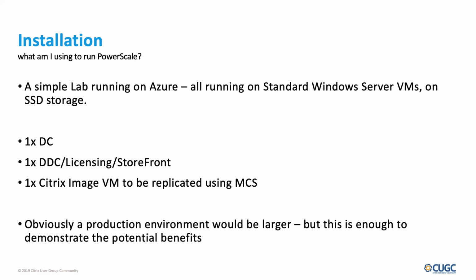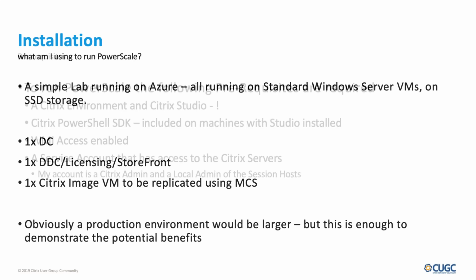Obviously, in production, it's going to be slightly larger, hopefully anyway, but just to demonstrate how quick it is to set up and how you can customize it. This will give you an idea. As I say, I've just got 3 VMs here, 1 DDC, also running licensing and StoreFront. I've got a domain controller, and I've got an image machine that's got a couple of apps in that I'll replicate with MCS, and it's that pool that we'll be scaling up and down in this example.